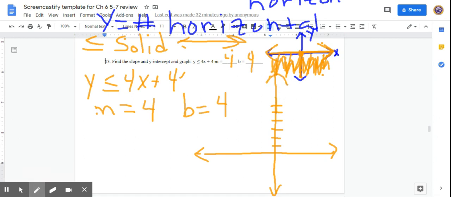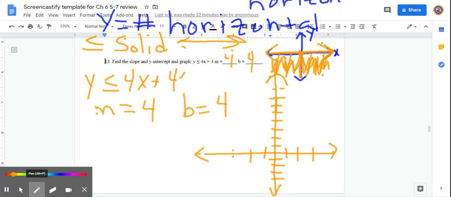So 1, 2, 3, 4, 5, 6, 7, 8. And 1, 2, 3, -4. Then we're going to put some values on the x-axis. When you do these, you'll have a graph on the test, so it'll be straighter and more accurate.